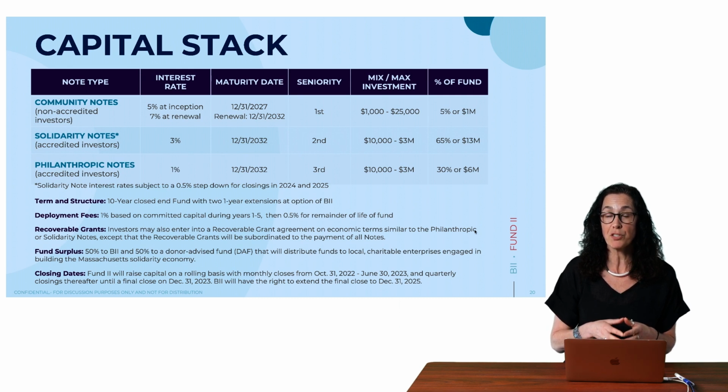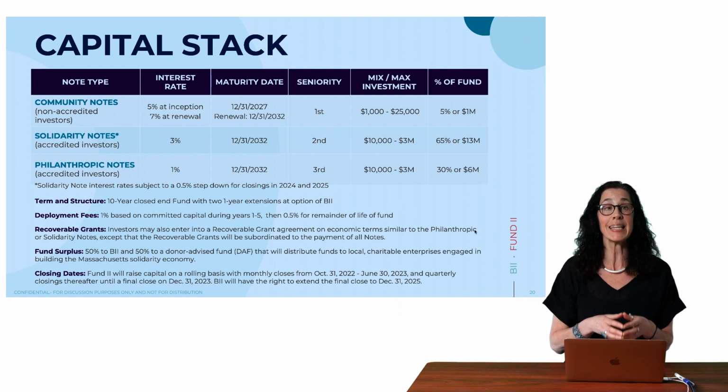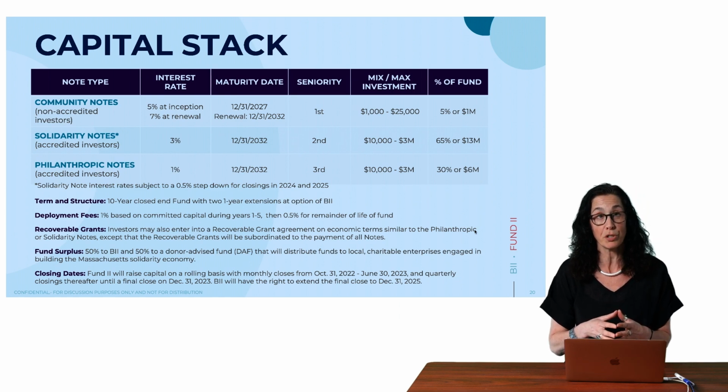The non-accredited investors, the community investors, take the least amount of risk because they're senior to everyone. Everybody else gets paid back after they get paid back, but they get the most amount of return financially. And again, that's because we're using this fund to redistribute some of the wealth and to relocate risk and return to where it's needed most, where we need to de-risk it most and where we need to accrue more return.